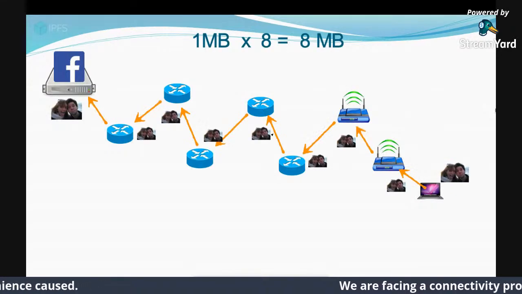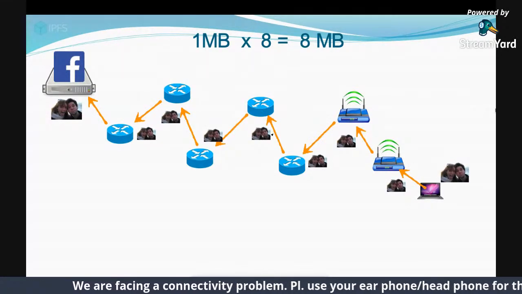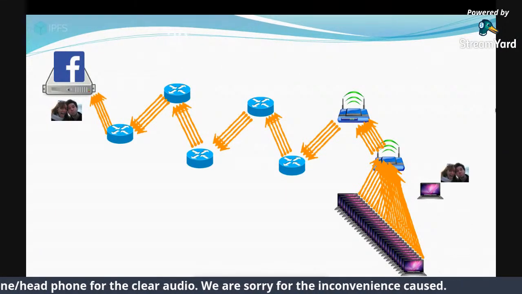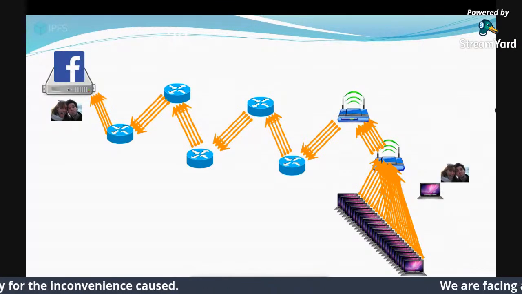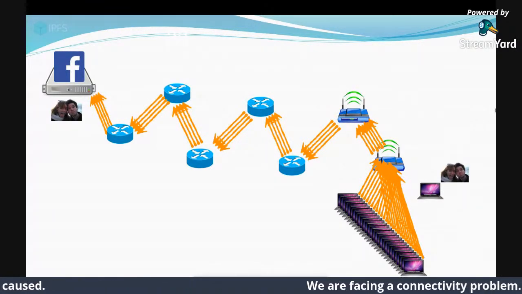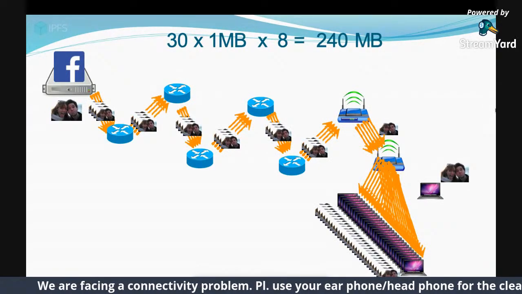This is how it works internally: it will find a shortest path and the file will be downloaded. So many systems trying to access through the same path causes huge traffic, and due to this a slowdown will happen.